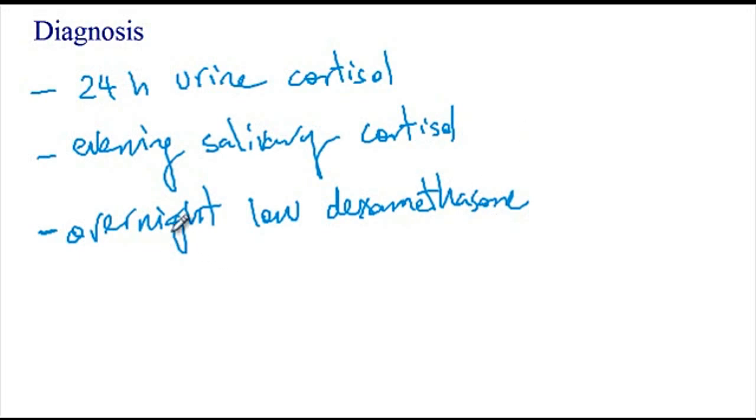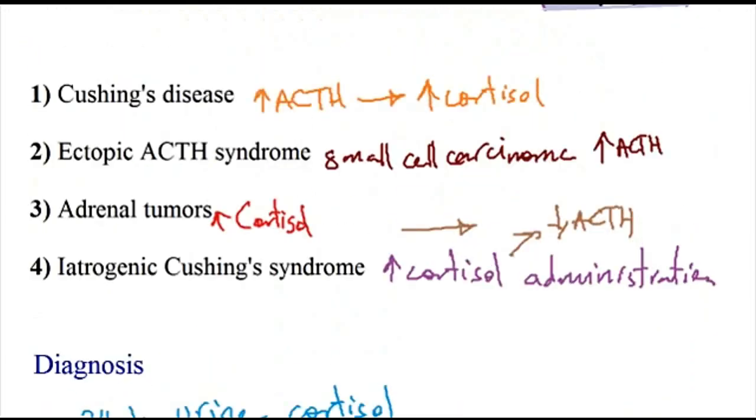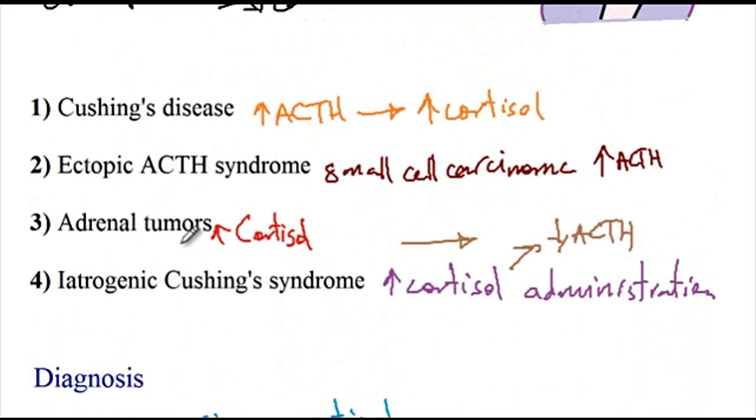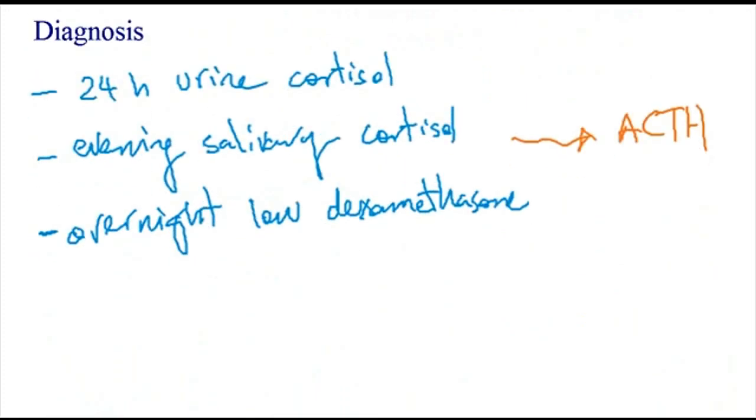And then from here on, to narrow down the diagnosis of the Cushing syndrome, which of the types we are dealing with, you order the level of ACTH. So if the ACTH is low, then we are either dealing with an adrenal tumor or with the exogenous administration of the corticosteroids. And if the ACTH is high, then we are dealing with either Cushing's disease or ectopic ACTH syndrome.